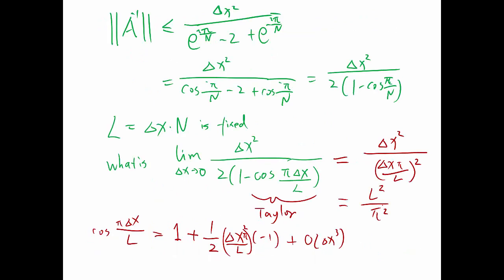Yes. So the solution will depend on L, right? If I have a different domain. Yes, if you have a different domain, the ratio between the solution error and truncation error is going to be different.